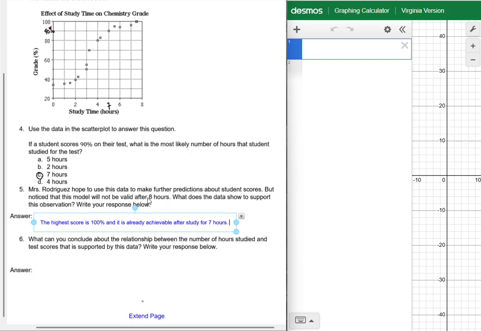So even if a student studies more than 8 hours, the highest score you can get is 100, so there's no point in studying more than that.